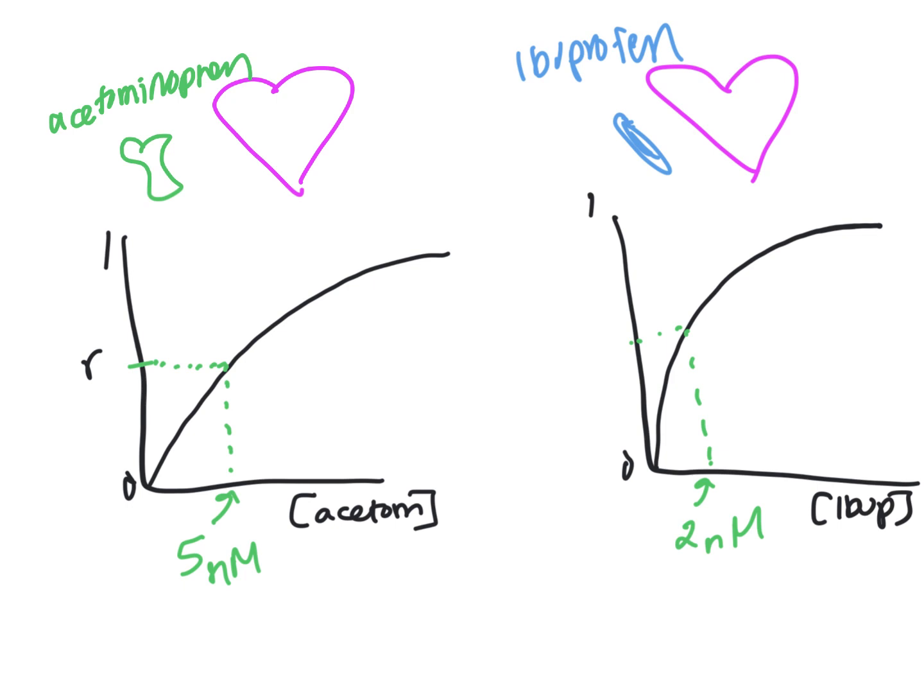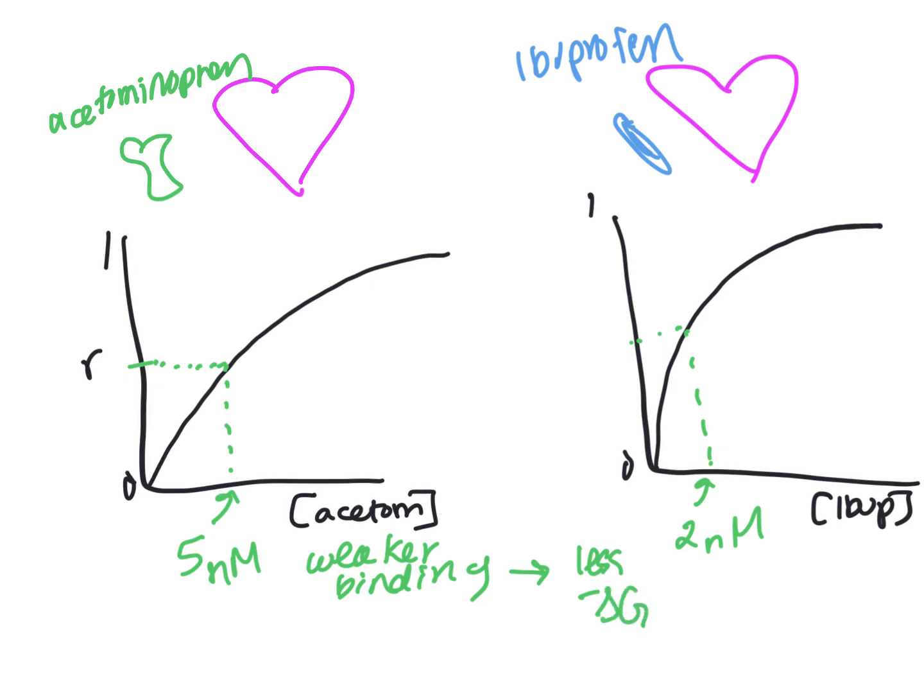Now already I know that a larger KD is weaker binding, and we're going to mathematically prove that. Okay, so I can use KD as like an apples to apples comparison, and the bigger the KD, the weaker the binding. And what that means is the acetaminophen should have a less negative delta G, right?